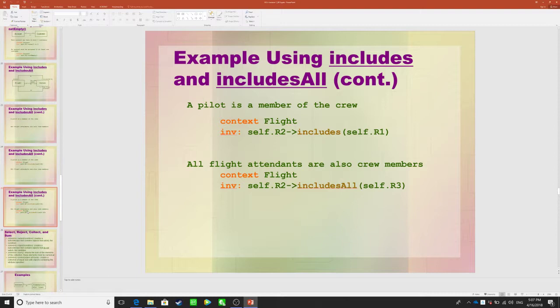Therefore, we know self.R1 is included in self.R2, the crew members include the pilot, and also R1 is included in R3, because R3 is also a set, so we use includesAll instead of includes. That means crew members include all the members of attendants. Okay, no problem with that, right? Give me some kind of feedback.